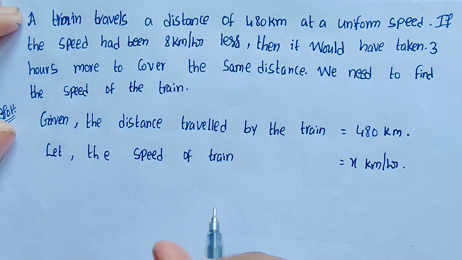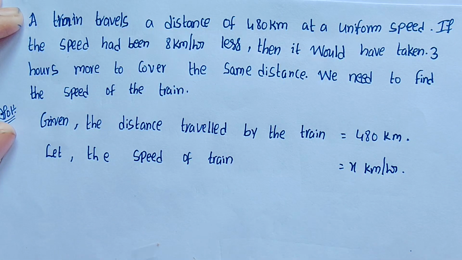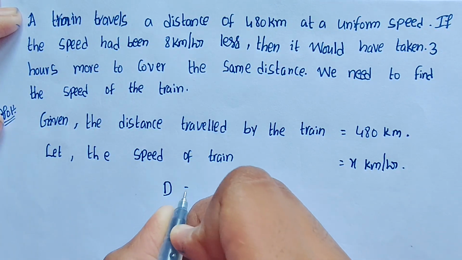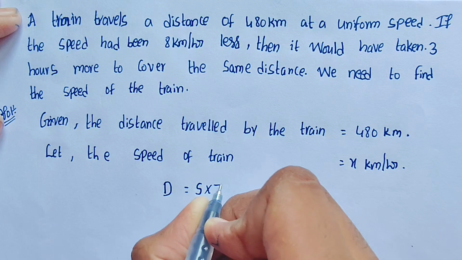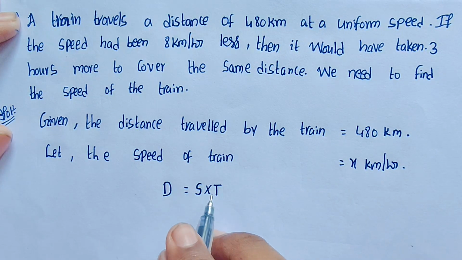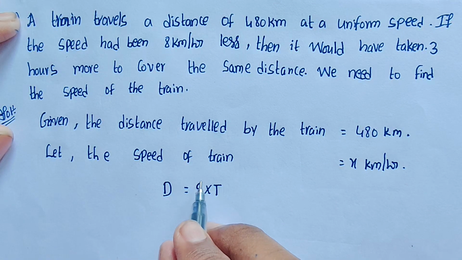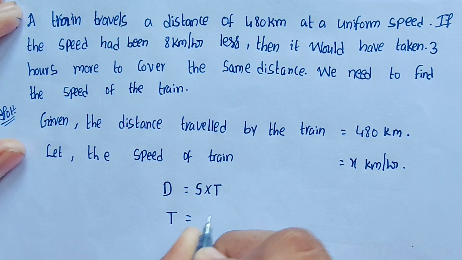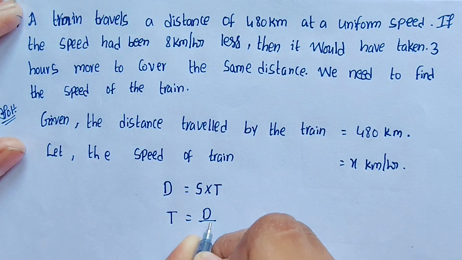Then the time is, we know the formula: distance equals speed into time. If you transpose s to the right side, it will divide. So it becomes t equals d by s.